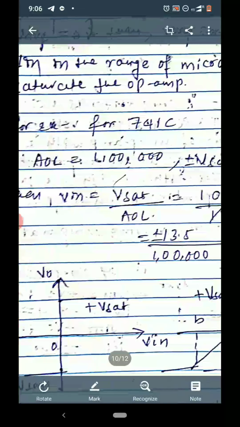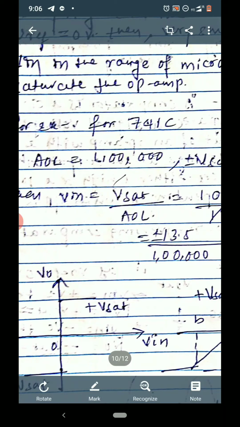Now, what is the gain? What is open loop gain? Gain is always the output voltage divided by input voltage, right? So V input will be equal to output voltage divided by gain. Output voltage V naught is nothing but V saturation.